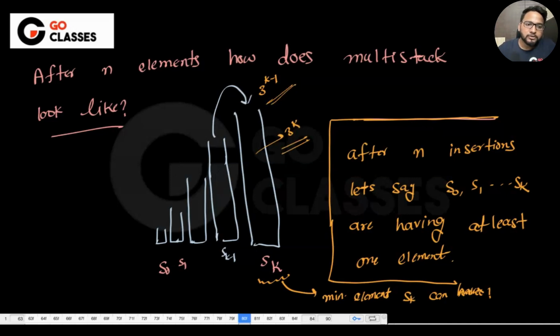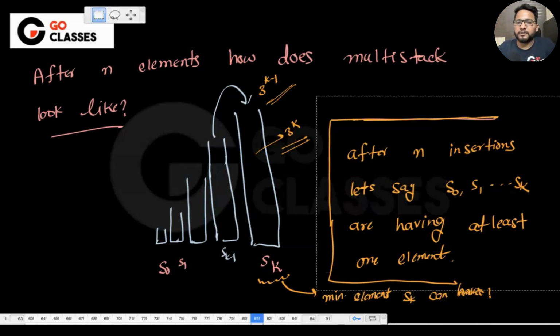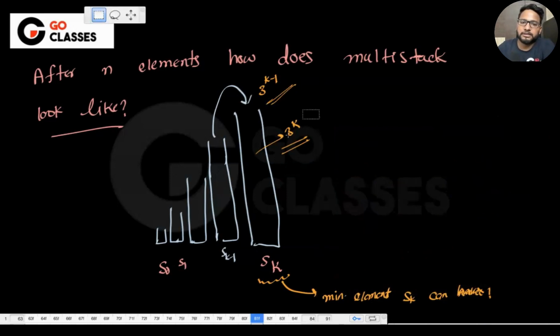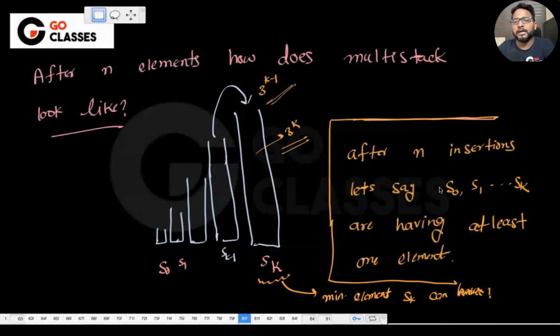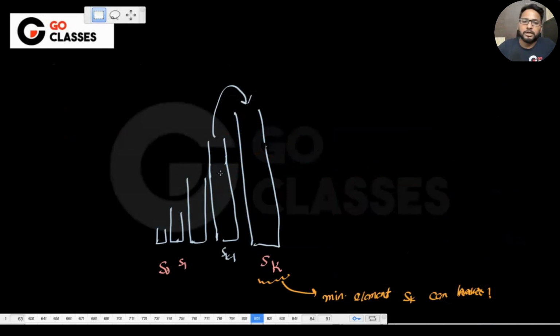So I hope this is very much clear. Let me just write it here. The minimum elements this can have is 3 power k minus 1 and the maximum it can have is 3 power k. I'm assuming that these are non-empty. Don't assume 0, because I just said that everyone is having at least one. So don't worry about the 0 case.